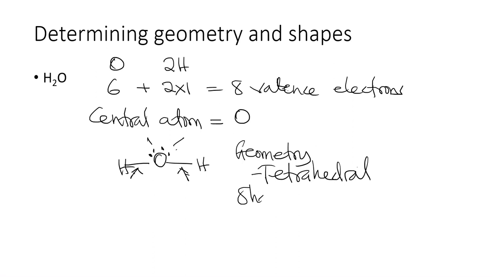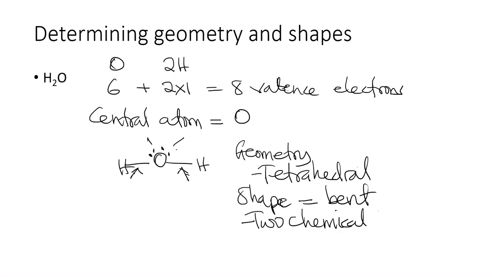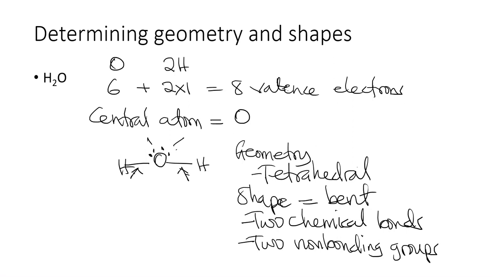But shape will be bent because we have 2 chemical bonds and 2 non-bonding groups.